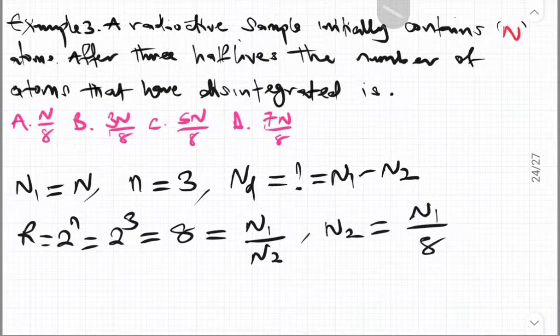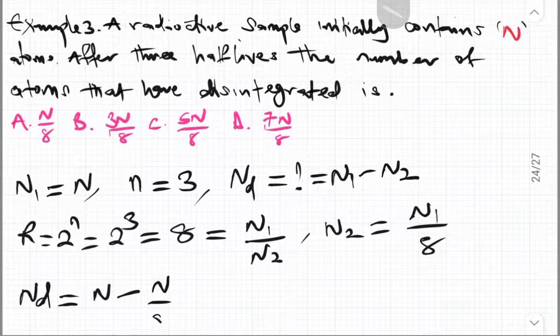So let's now calculate the number of atoms that have disintegrated, Nd. That will be N1 minus N2. What is N1? N1 is actually N. What is N2? N2 is actually N1 over 8, and N1 is just N. We could make this simple because we need to have the same base.